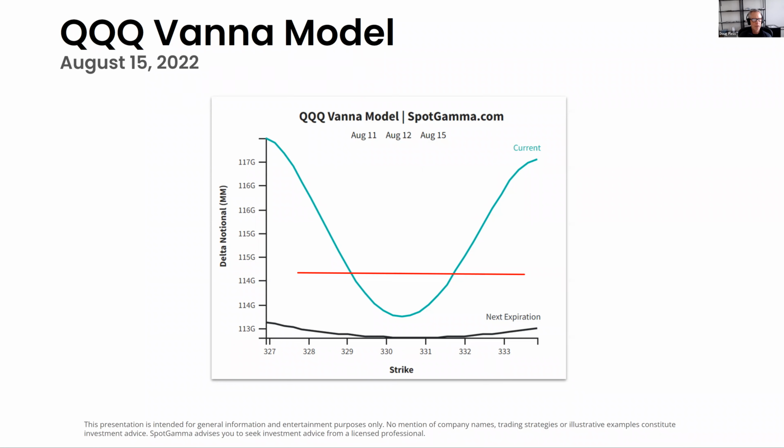So what this is showing is a very neutral Vanna model, showing no significant skew in delta notional as price increases or decreases, and indicating that market makers would have very little need to hedge delta exposure as price moves up and down in the range shown on the chart. And again, the black line shows the next expiration, and that takes into account charm and showing how market makers' delta notional will change as time passes.